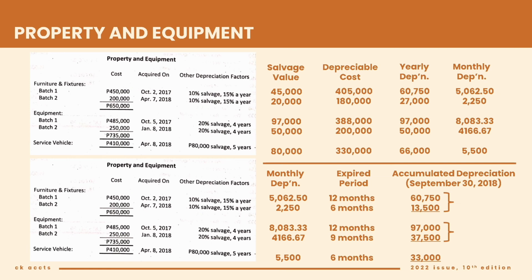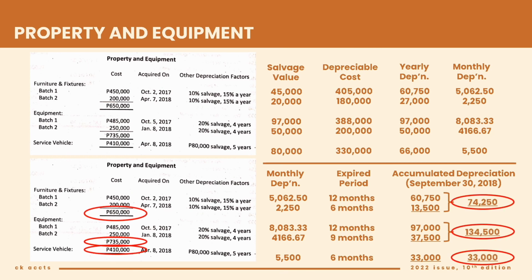Then equipment, we have 97,000 and 37,500 and service vehicle na 33,000. So, kapag kinuha natin yung total accumulated depreciation in every property and equipment, for our furniture and fixtures, we have 74,250. For equipment, 134,500. And service vehicle na 33,000.